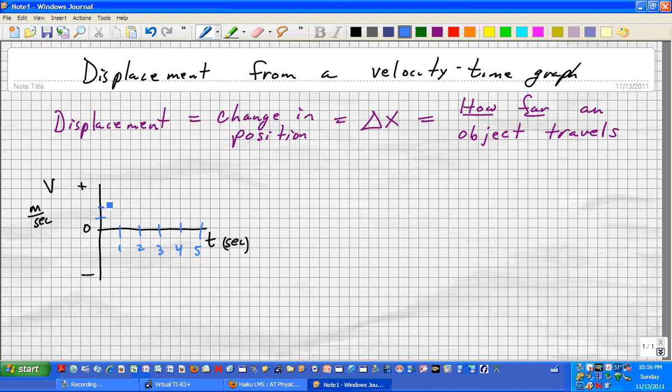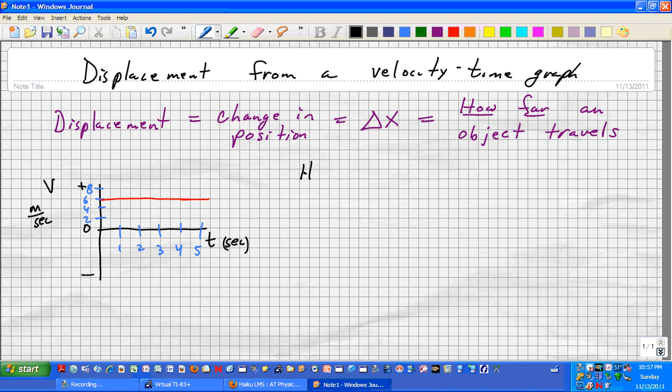And let's see, we've got 2, 4, 6, 8 meters per second. And let's say we've got a graph that looks something like this. Horizontal line, which means that this is moving steady away at a constant velocity.